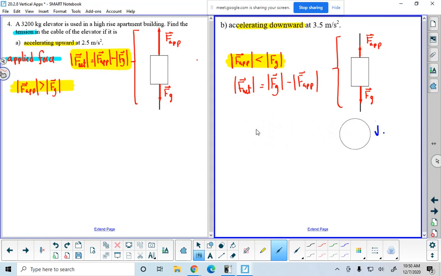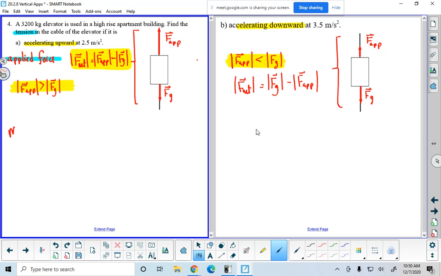Don't worry about this. If the elevator accelerates up, the applied force up is greater, so the net force would be applied force magnitude minus force of gravity. But if the elevator accelerates down, it would be the other way around. Okay, well, then all we have to do is use the formula F net equals ma.